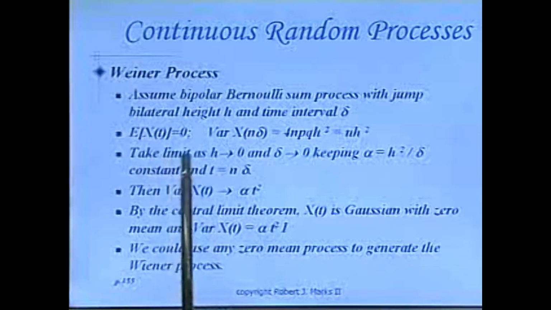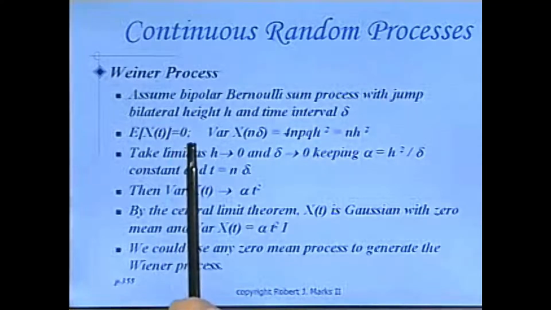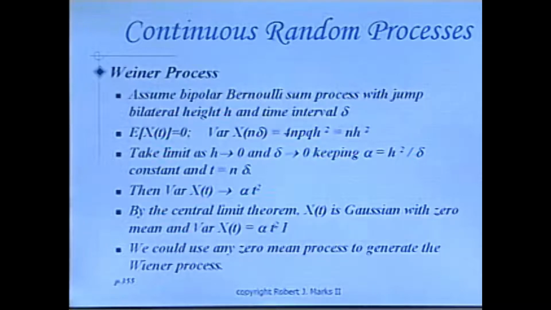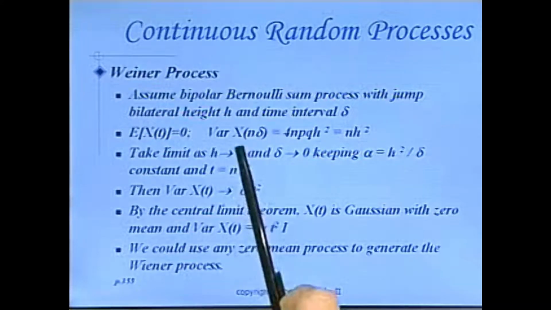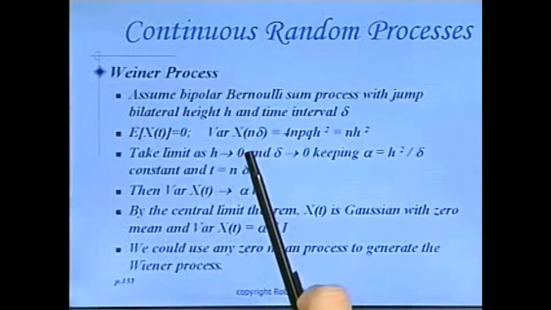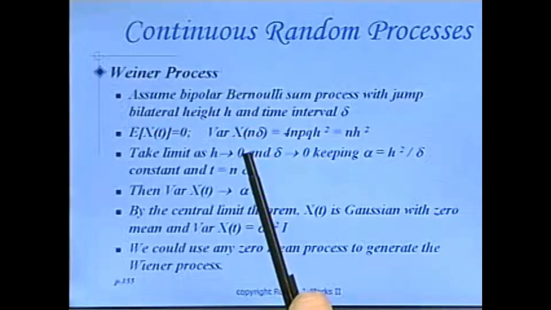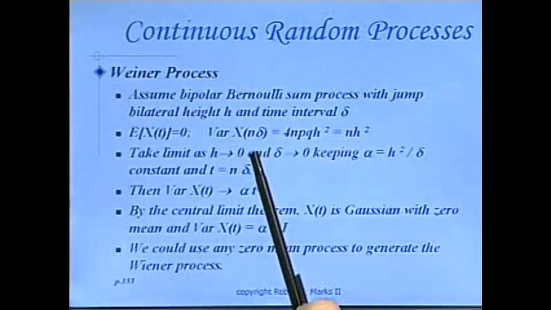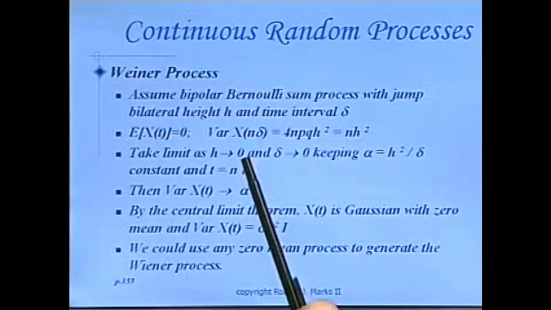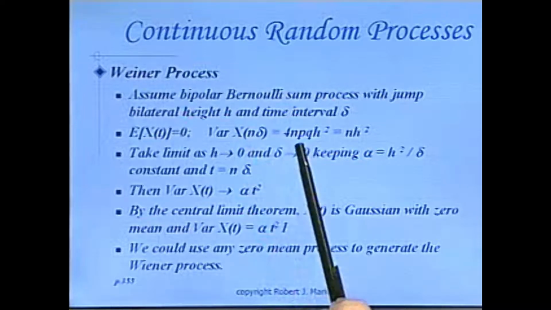Well, clearly the expected value of x of t is 0, since at any one time the chances are you've moved to the right is exactly the same as the chances you've moved to the left by the same amount. The variance is like that of a bilateral Bernoulli process. For a regular Bernoulli process, 0, 1, if you remember, the variance was NPQ. But for the bilateral, it's not NPQ.